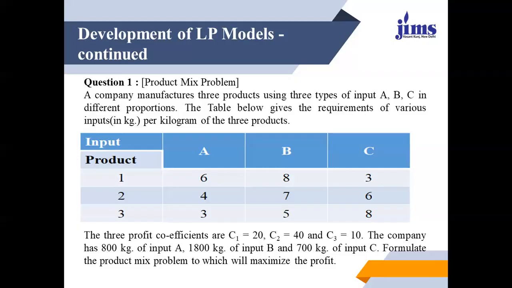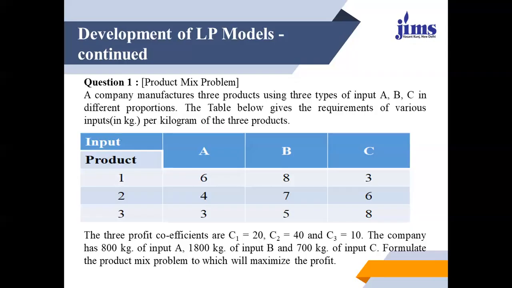Then there is a restriction on the resource. If you use the input A for all these products 1, 2, 3, what is the total consumption of input A? That is 6x1 plus 4x2 plus 3x3. Why?